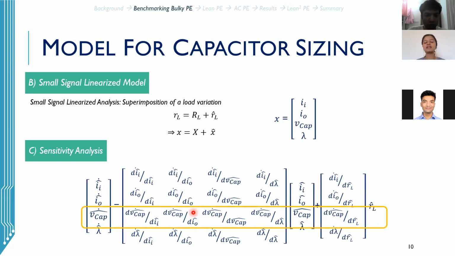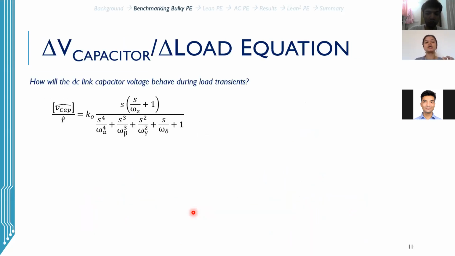So we extract this equation and try to find the transfer function between the capacitor voltage and the load. This transfer function characterizes how the capacitor voltage reacts to any changes in the load condition.